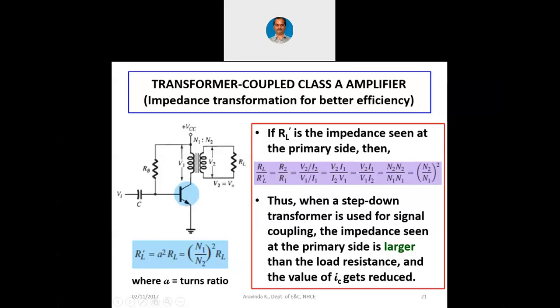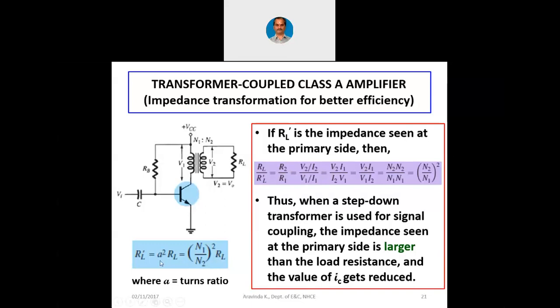Now if you want to have RL dash more, then we have to have N1 by N2 more than unity. When we want N1 by N2 more than unity, that definitely means it is a step down transformer, right? N1 is larger, N2 is smaller. It's a step down transformer.